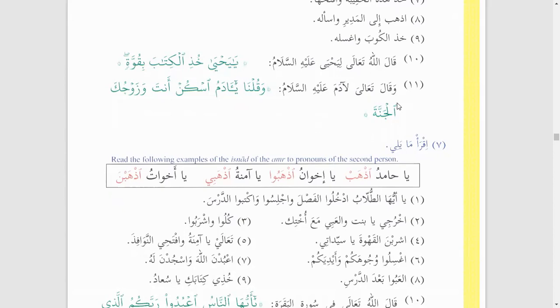Okay, number 11. قال تعالى لآدم عليه السلام: وقلنا يا آدم اسكن أنت وزوجك الجنة. Excellent. Adam alayhi salam is also partially flexible, that's why it has fatha over there.